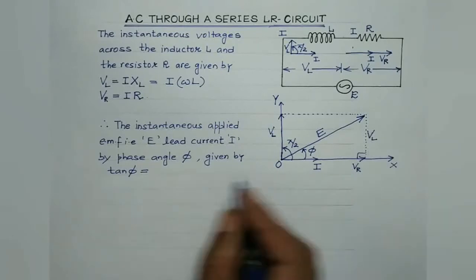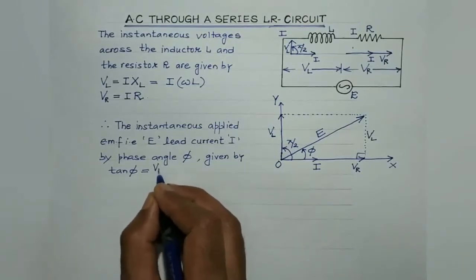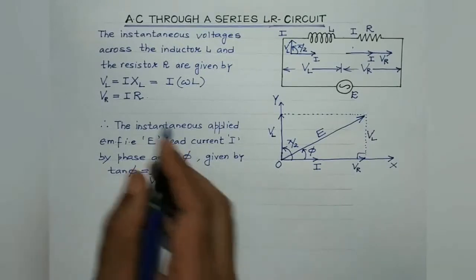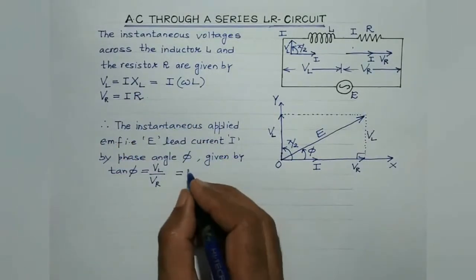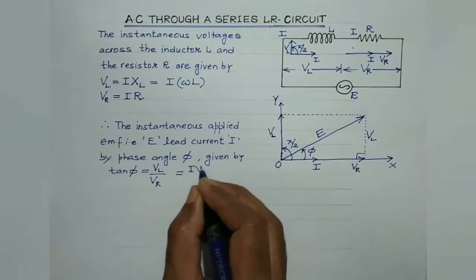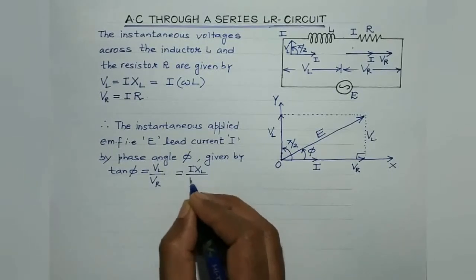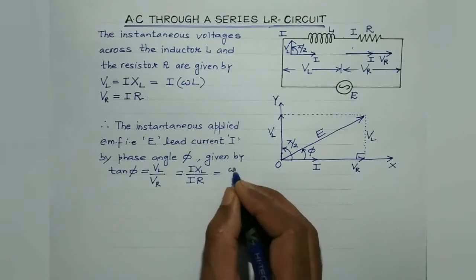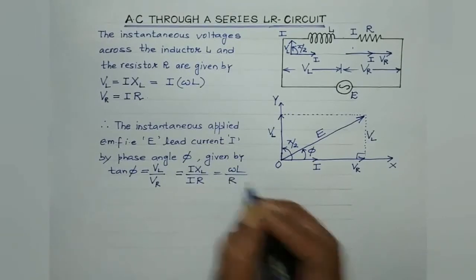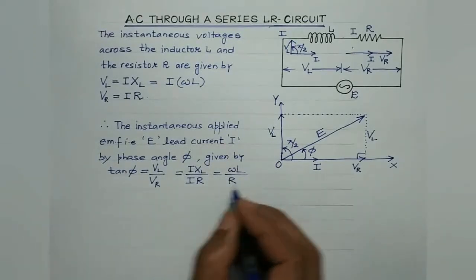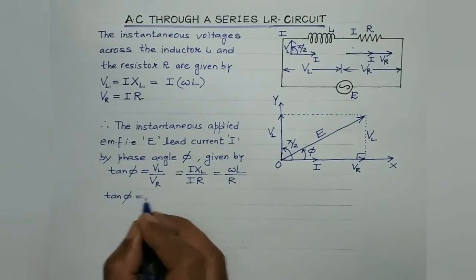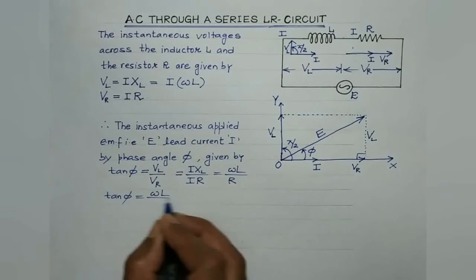Base is VR. So it will be VL divided by VR. Now substitute the value of VL and VR. VL is I into XL divided by IR. XL is omega L by R. So tan phi is equal to omega L by R.